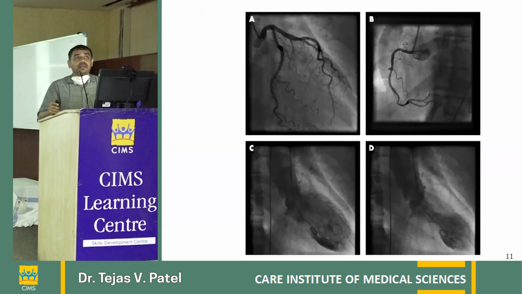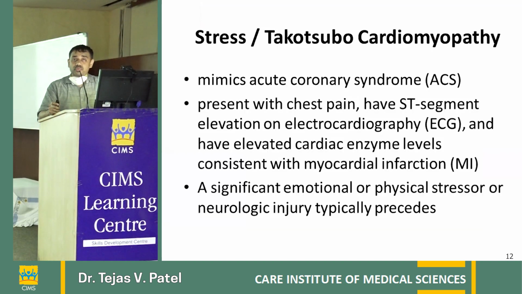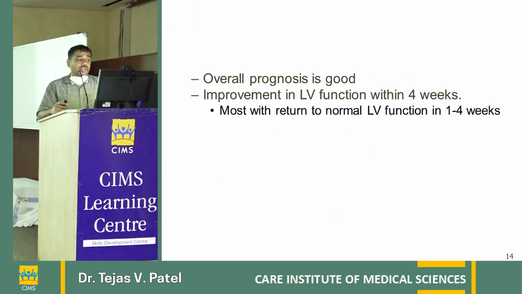Yes, Takotsubo cardiomyopathy, which is very common, and this is one of the reversible causes of cardiomyopathy. It is basically stress-associated cardiomyopathy, and the typical presentation is like ACS, with ECG changes, troponin level, and echo findings all suggesting acute coronary syndrome. But the LV function usually improves over the subsequent weeks, and angiography is usually normal.